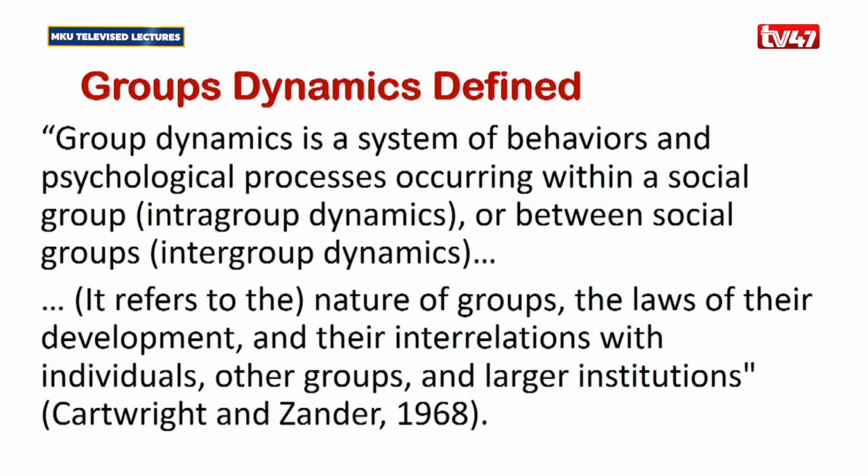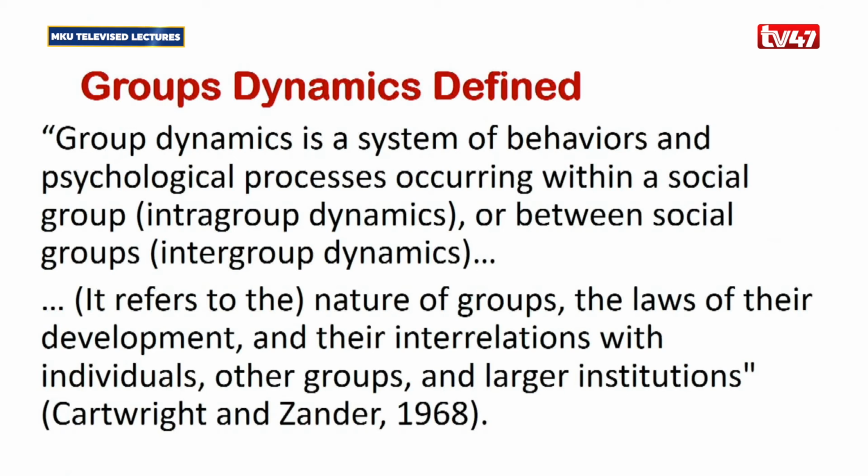institutions. Words to mark out from Cartwright and Zander's definition is a system not only of anything, but of behaviors that are also psychological processes within a social group, but also distinguishing between different groups. So each group has got its own psychological processes and its own system of behaviors.